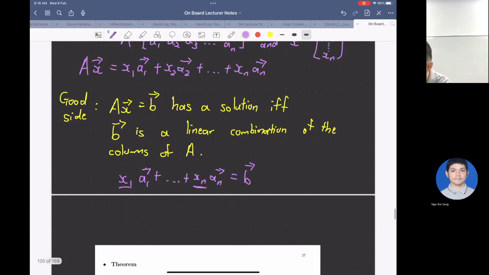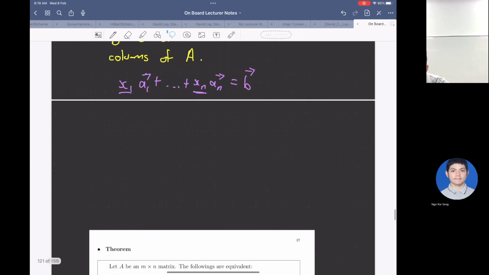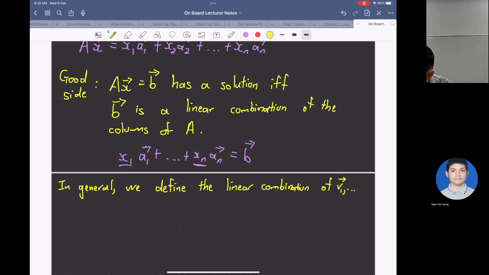And so in general, we can define a linear combination of a set of vectors. How do we define this?